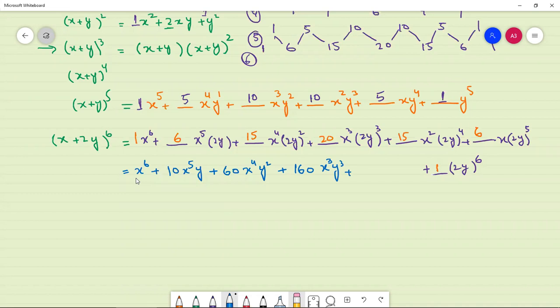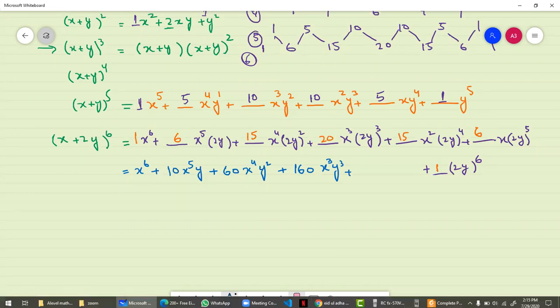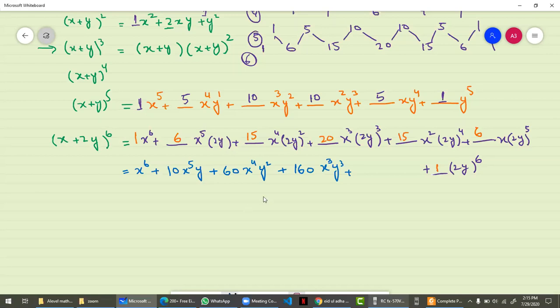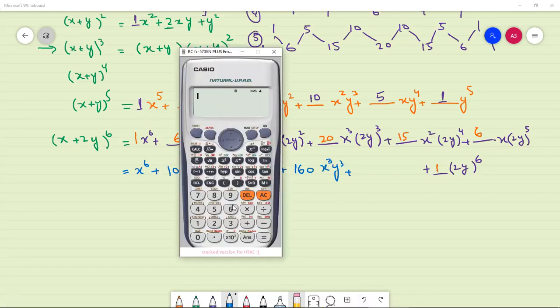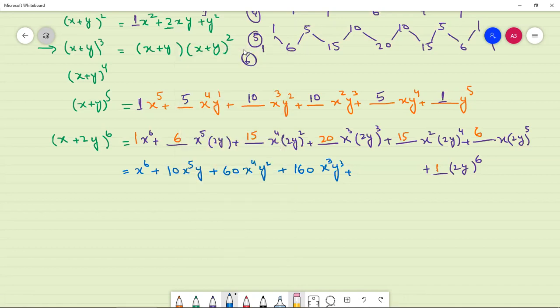When you multiply 16 into 15, just use a calculator. 16 multiplied by 15 would become 240. So you can write 240.